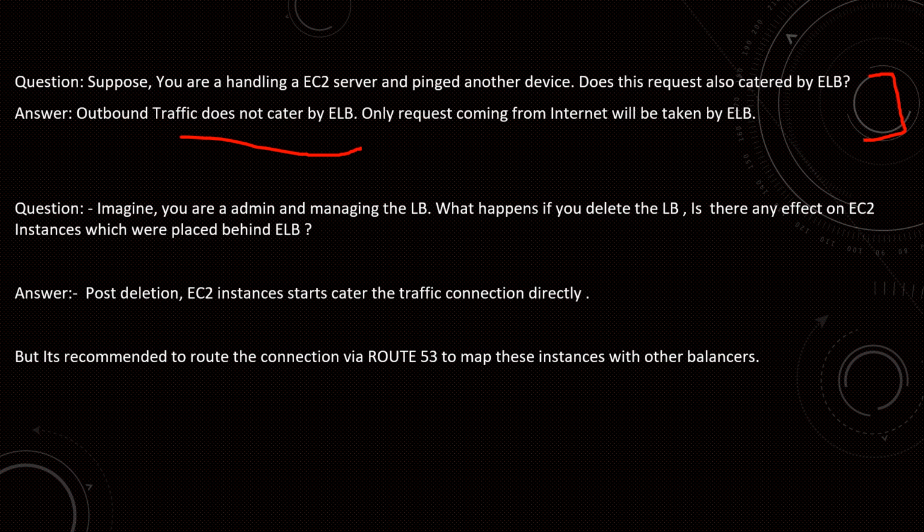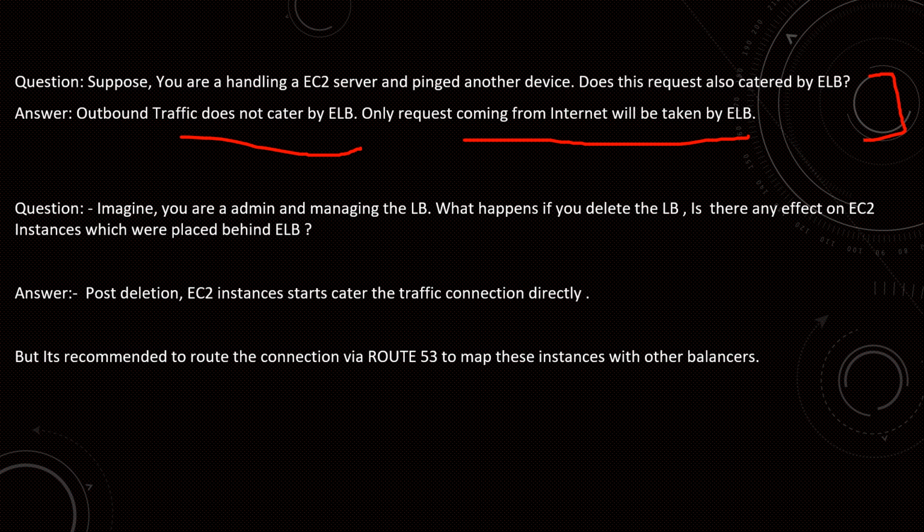Outbound means if a request is initiated by our server, that request is not catered by the ELB. Only requests coming from the internet will be taken care of by ELB, right? That means whichever requests come from the internet, only those requests will be catered by the Elastic Load Balancer.